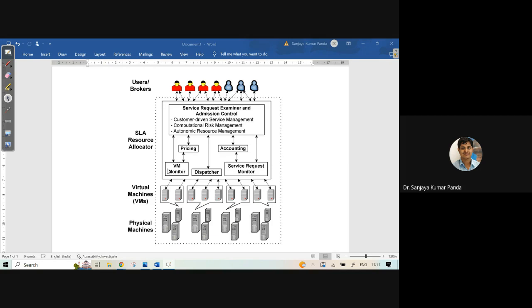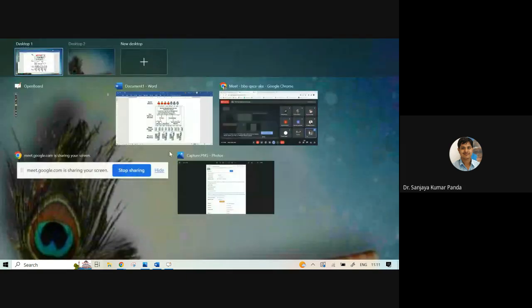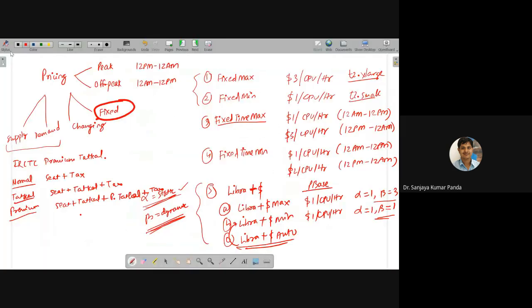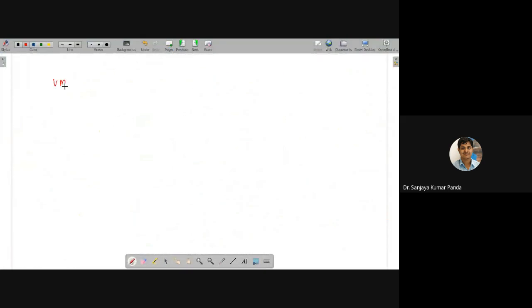Is it okay? Now come to another unit that is called a VM monitor, virtual machine monitor. A virtual machine may be in any state. Like a virtual machine is doing some work, so it is in the active state.